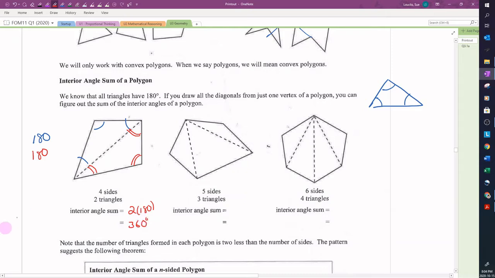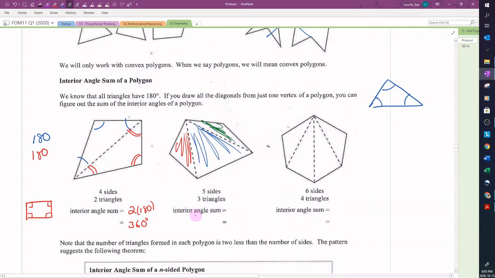360. And we actually already know that because picture a square or a rectangle. We know that that's got four right angles, okay, and 4 times 90 is 360. But that sum is the same for any four-sided polygon. If we look at a five-sided polygon, we now have one triangle, two triangles, three triangles.